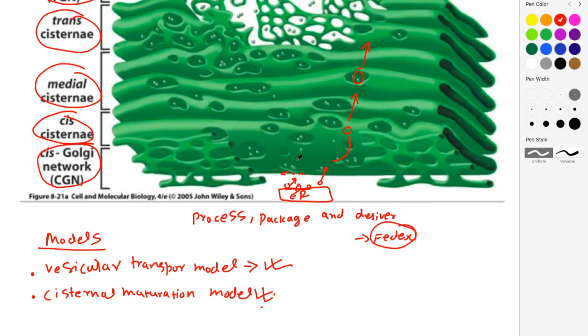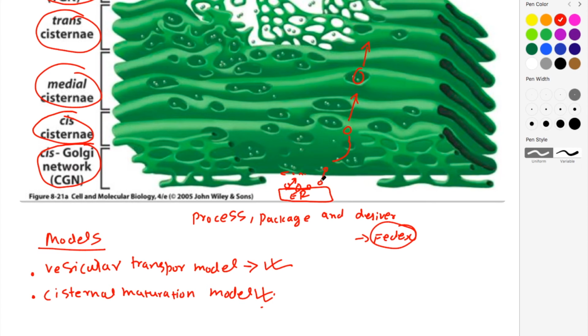So these are two organelles of the same format. What I want to mention is that the Golgi complex is part of the endoplasmic reticulum. It just moved from the ER and formed a very important organelle that processes, packages, and delivers proteins and different lipid components in vesicles.